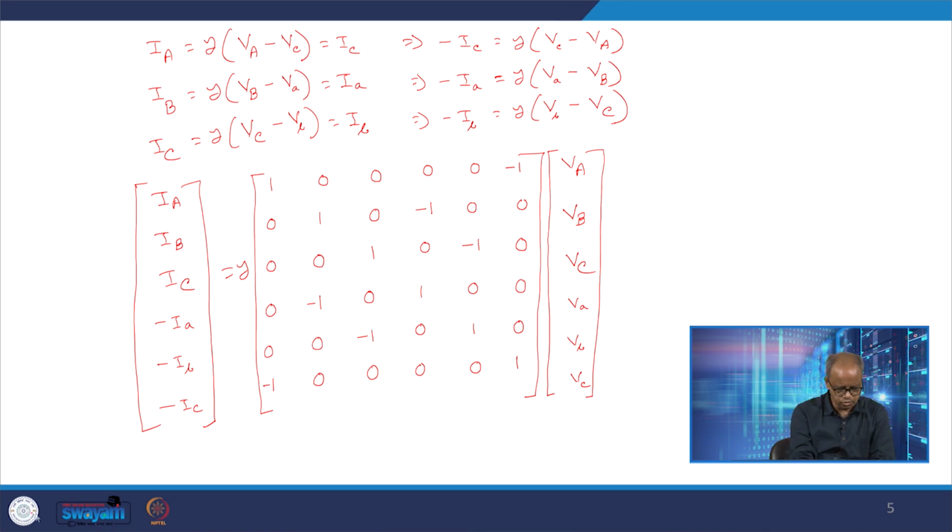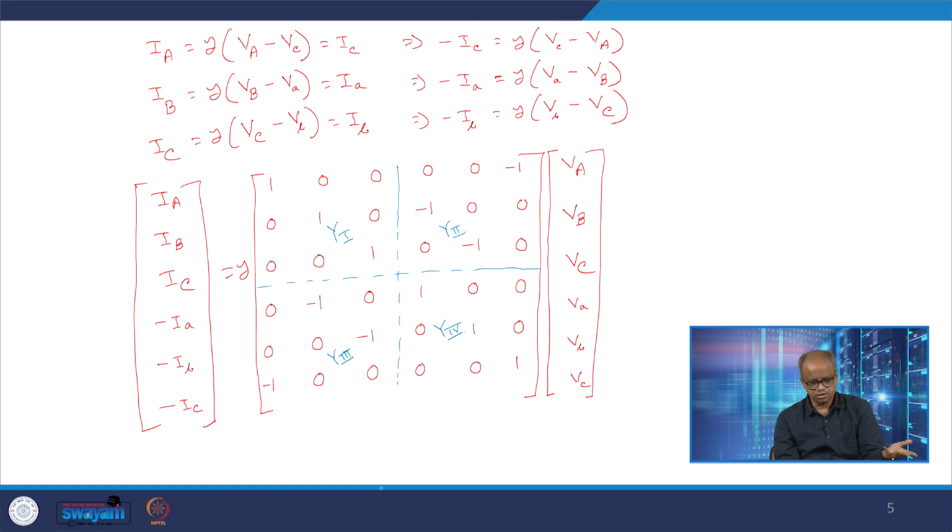So, again we do the partition. Y1, Y2, Y3, Y4.